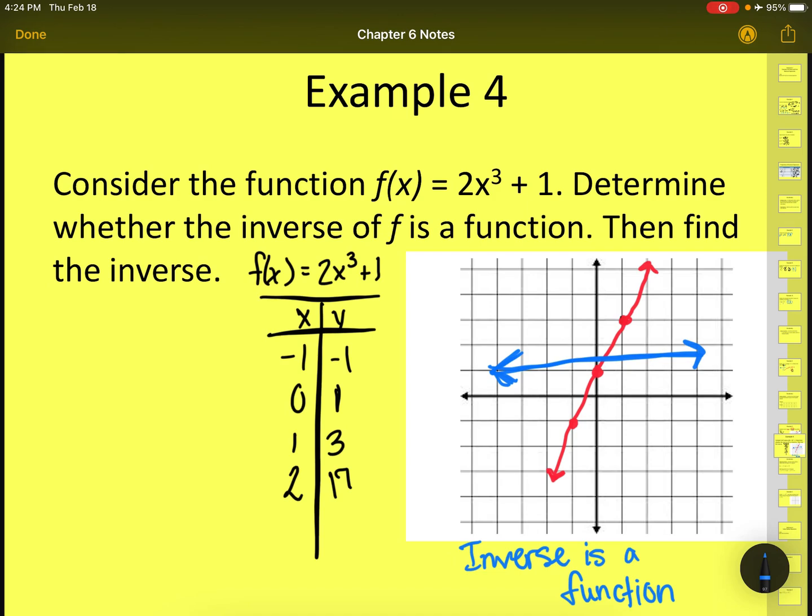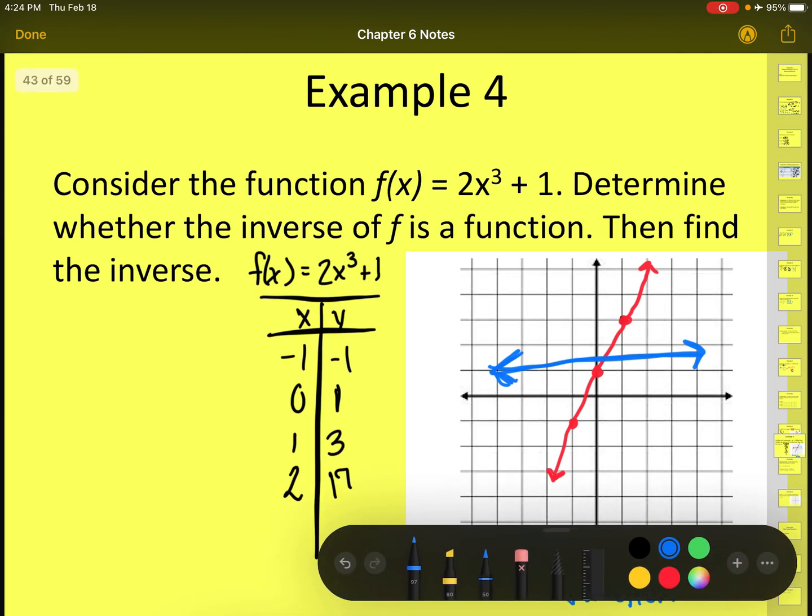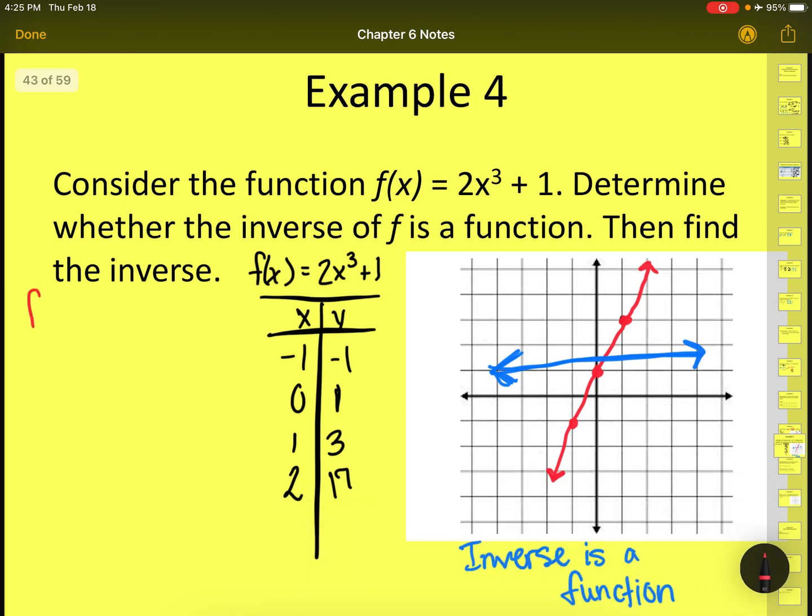Okay, but now we have to find that inverse. So now I'm going to take function f and try to find the inverse. Well, again, we need a y in there, so I'm just going to replace f of x with y. And now we're going to flip or swap x and y.